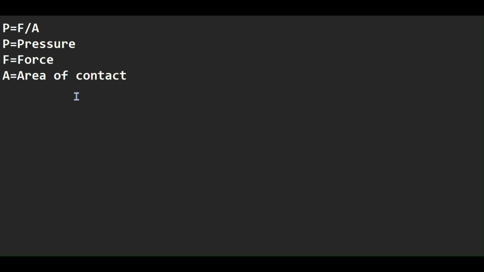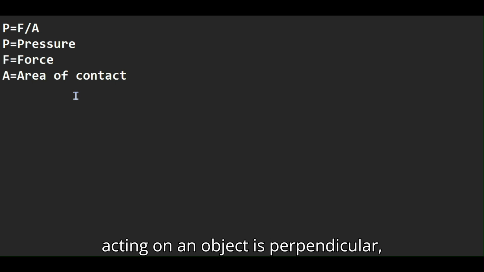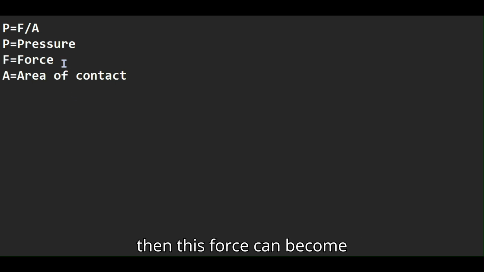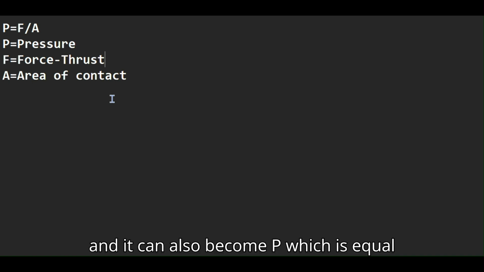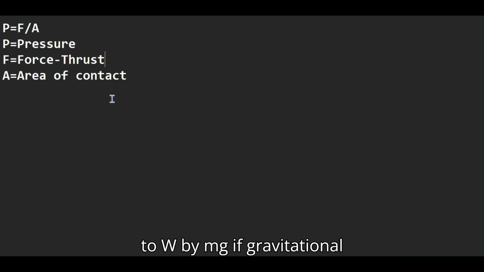If the force acting on an object is perpendicular, then this force becomes thrust. There are other variations like P equals W by A if weight is acting on it, and it can also become P equals W by mg if gravitational force is acting on the object.